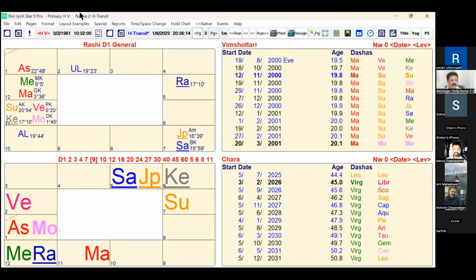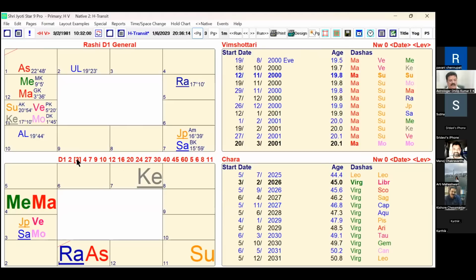Now I'll flip to Drekana. From Drekana, do you see any Mercury connection to the health problem? You mean the placement of Mercury in the 4th house? No. There's the 22nd Drekana. Becoming the 8th Lord, sir. No, it becomes the 22nd Drekana Lord. Yes, sir, 22nd Drekana Lord.